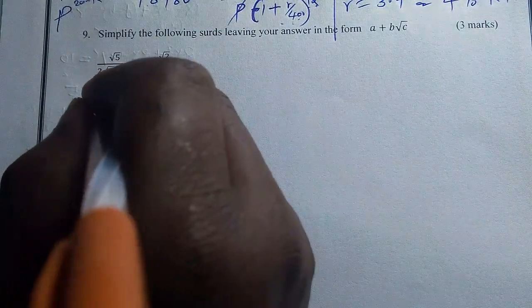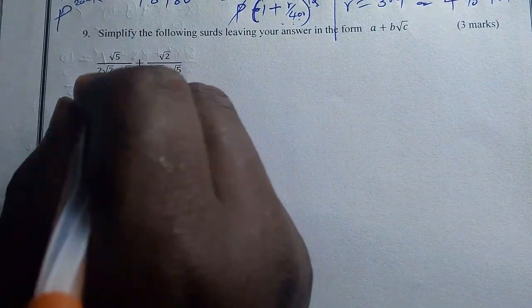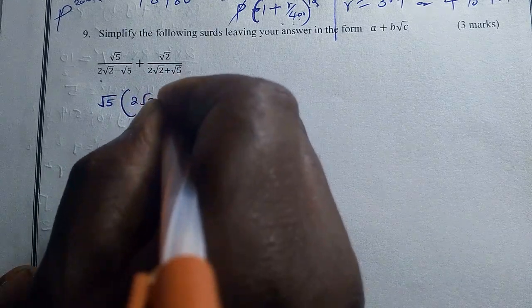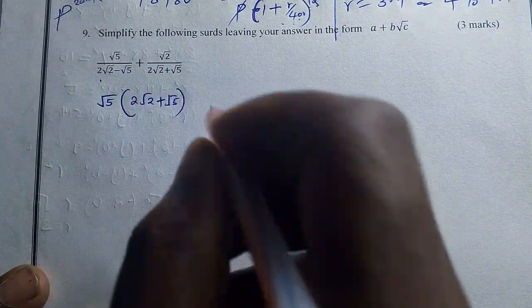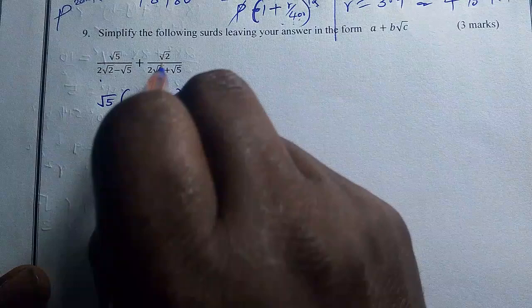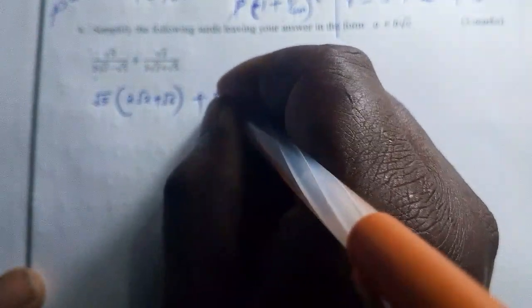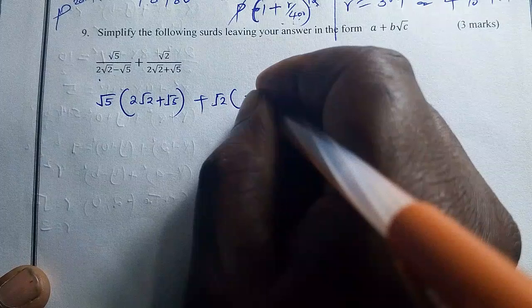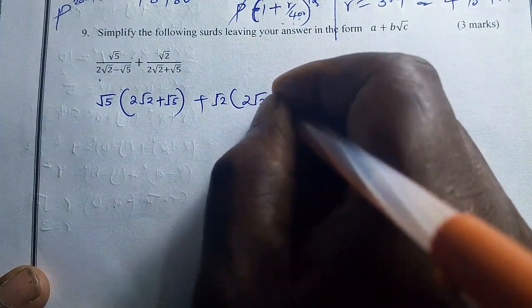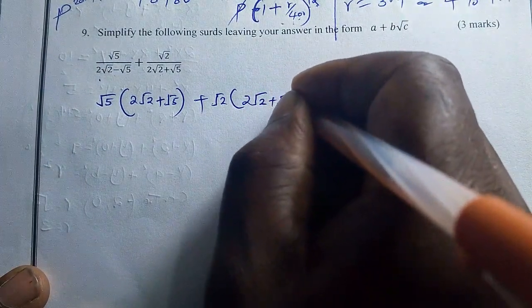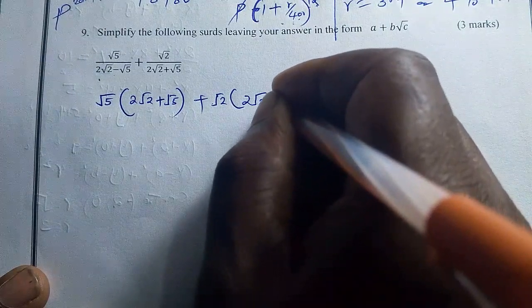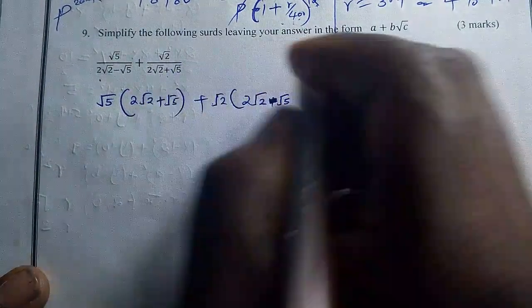Root 5, the conjugate here is 2 root 2 plus root 5, plus the conjugate here is root 2 into the conjugate for this is 2. Subtract. Minus, the conjugate is minus because this is positive.